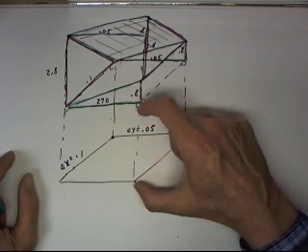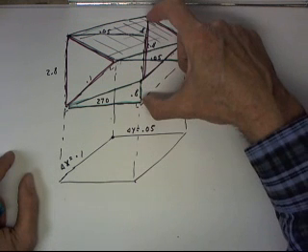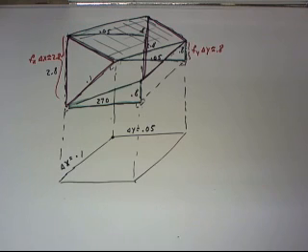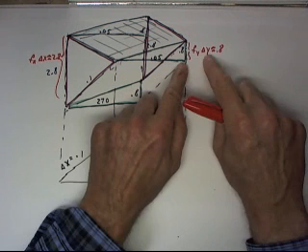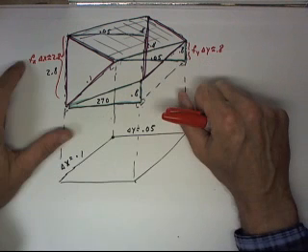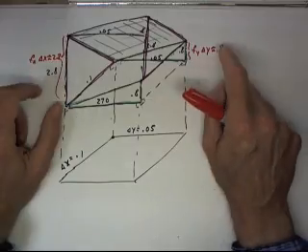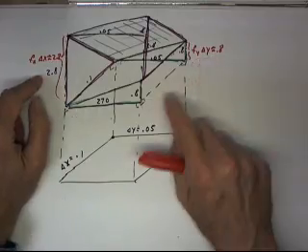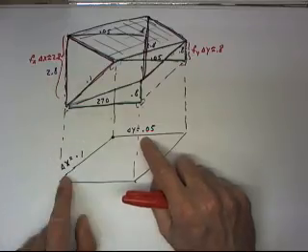No change in the y value between this point and this point. Change in the y value occurs here. So we conclude that our fy delta y is 0.8, fx delta x is 2.8. And we calculated these numbers by multiplying the y partial derivative times the change in y and the x partial derivative by the change in x.